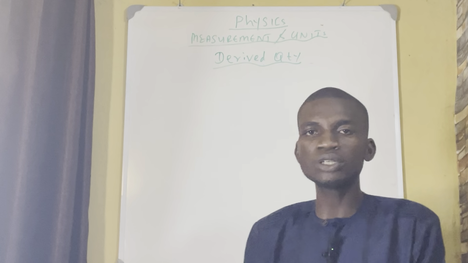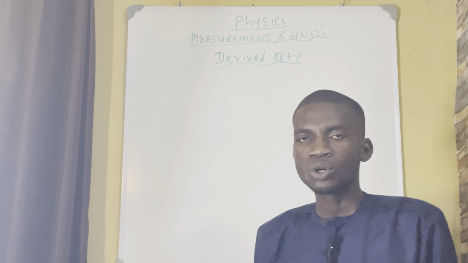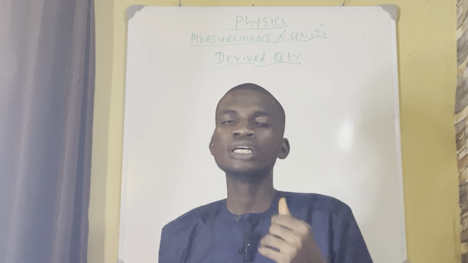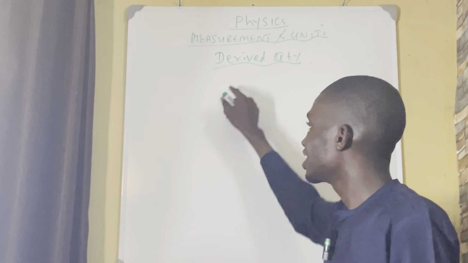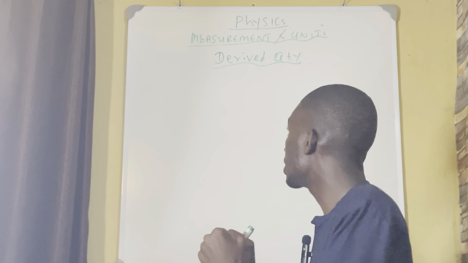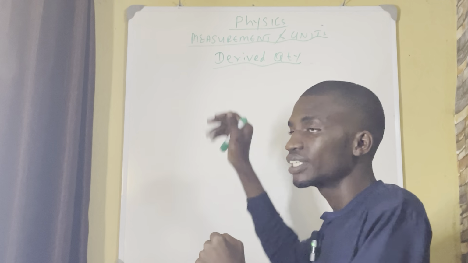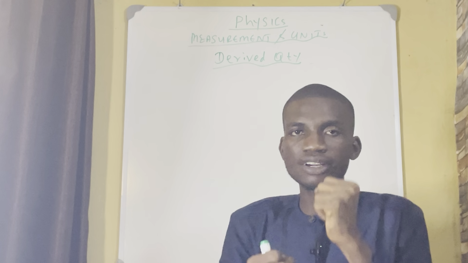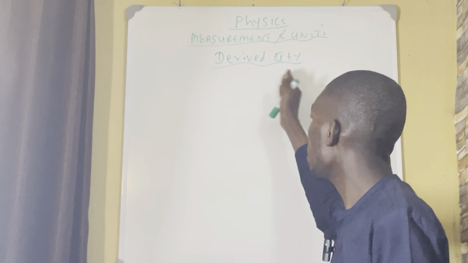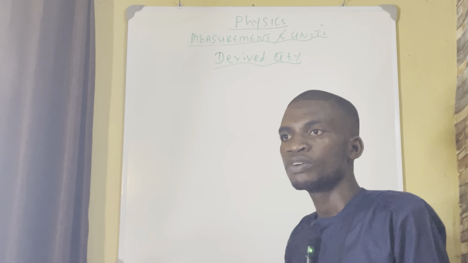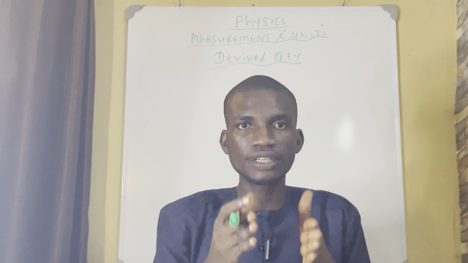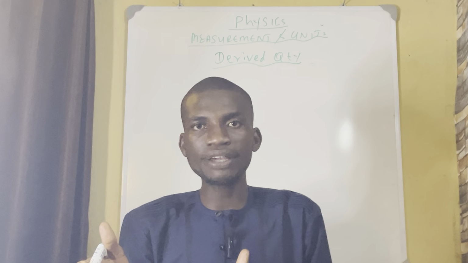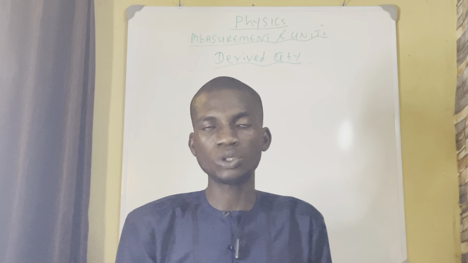When we talk about derived quantities, we are talking about quantities that depend on fundamental quantities. For example, velocity, the formula is derived from fundamental quantities.